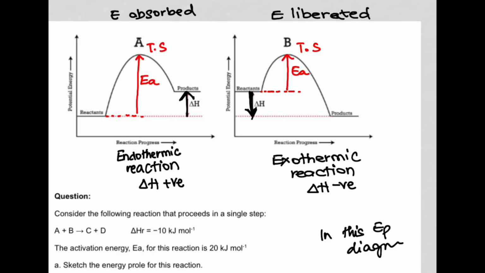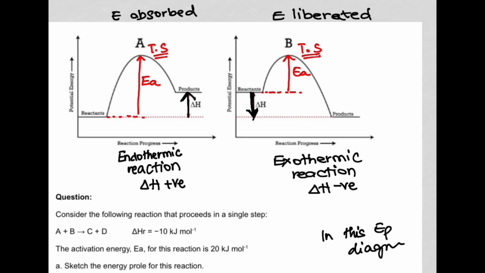So this is a very unstable state, and this state can actually not be isolated. You cannot isolate this state because it is unstable. So the energy gap between the reactants and the transition state is the activation energy.